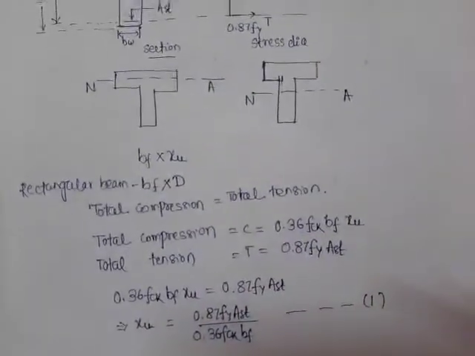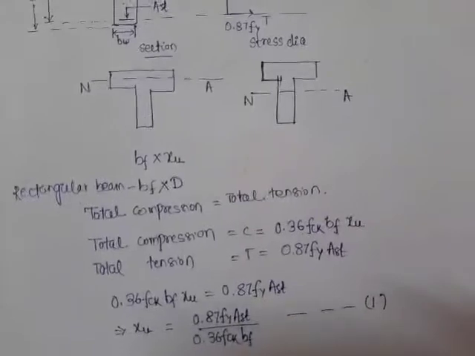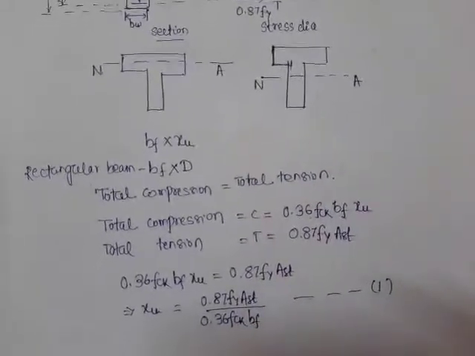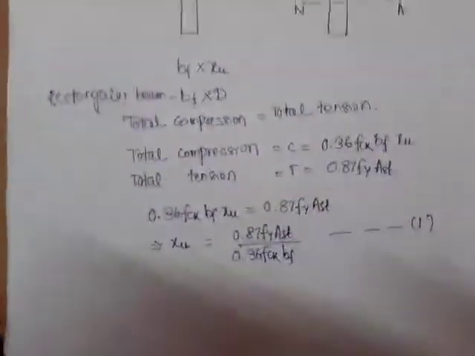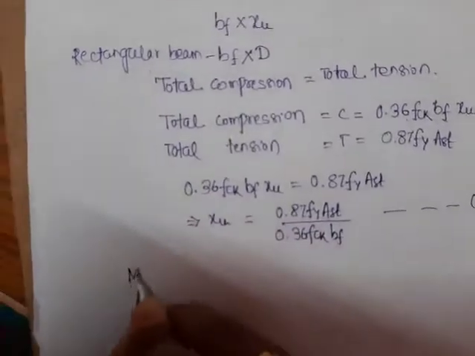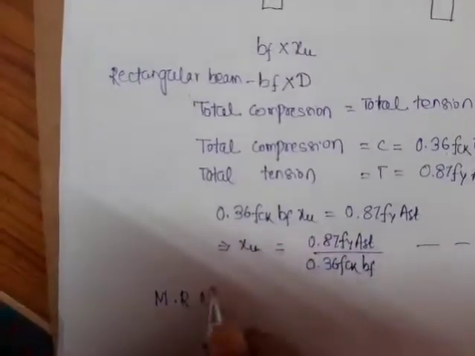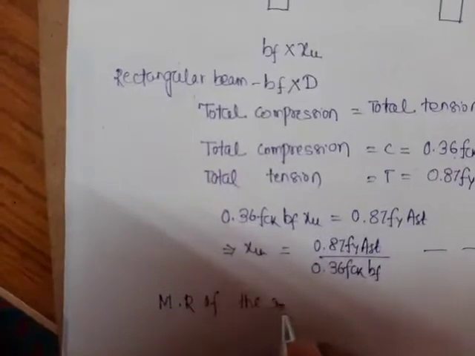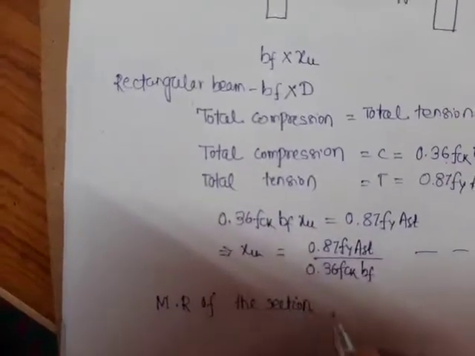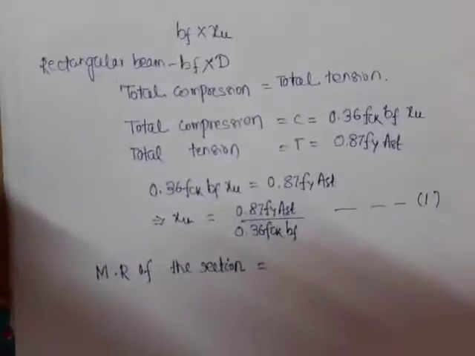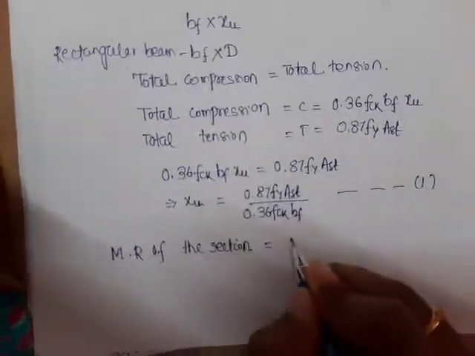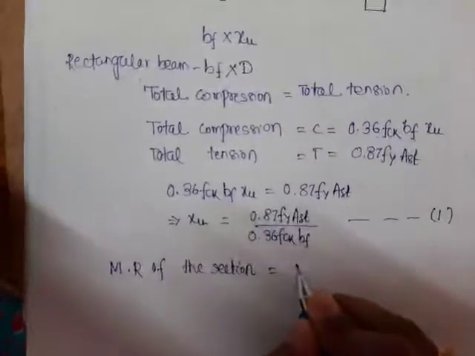So after calculation of XU, we can now find out the moment of resistance of the section. The moment of resistance of the section will be equal to compressive force into lever arm.